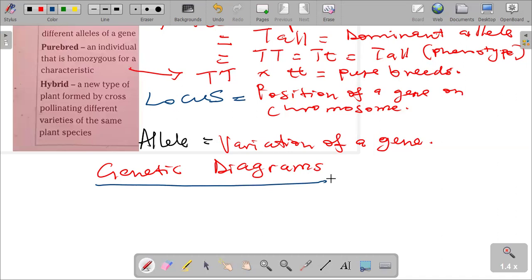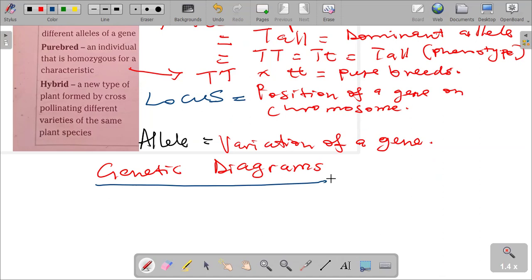So genetic diagrams help us to understand how offspring inherit these characteristics from their parents. They also illustrate the genotypes and the phenotypes of the parents, which would result in the young ones that will be produced.